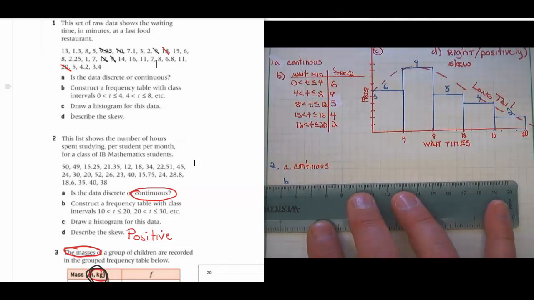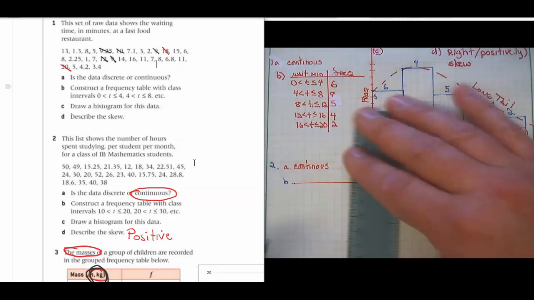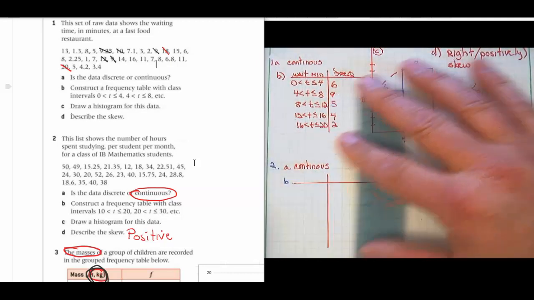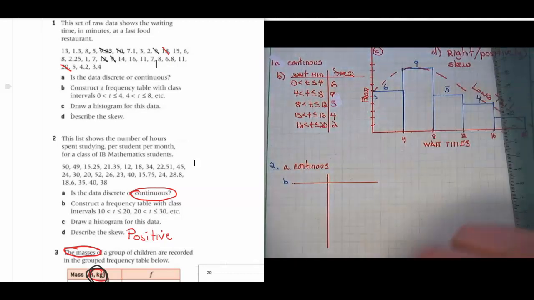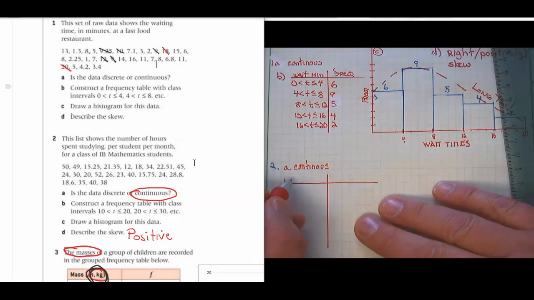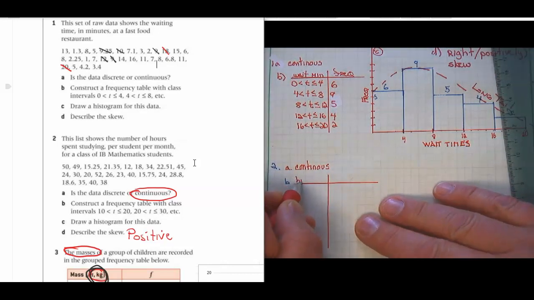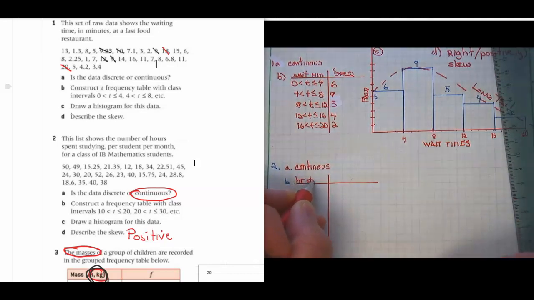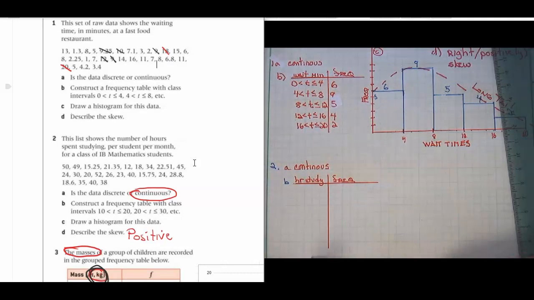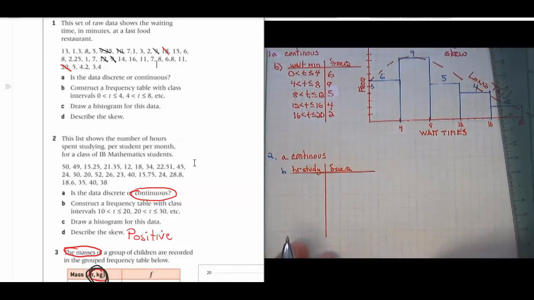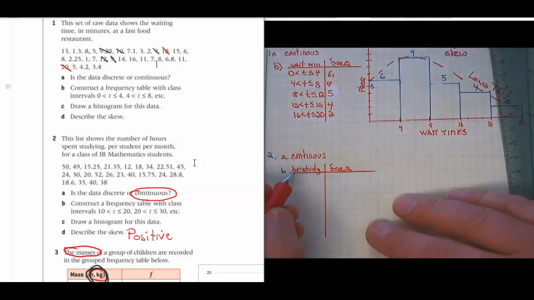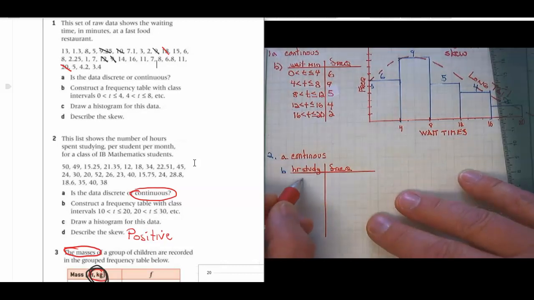So we got to go up to 50. Okay, and this is studying time.